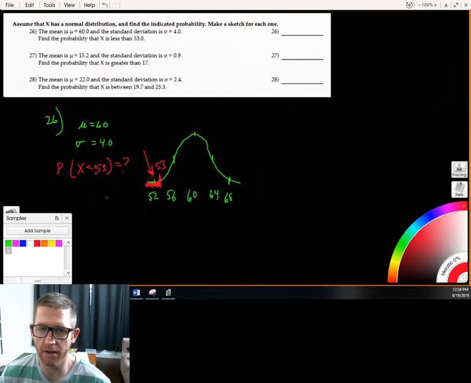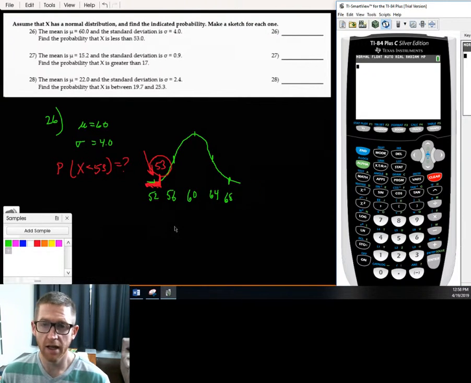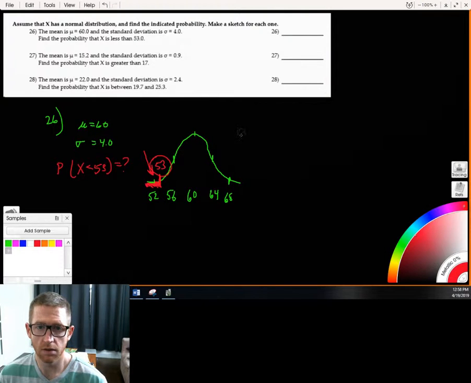There's a couple different ways to approach this problem. We could find out how many standard deviations away 53 is from 60, calculate a z-score, go to the A2 table and find the area to the left, or we can just use our calculator and calculate the normal cumulative distribution function of the values that were given.